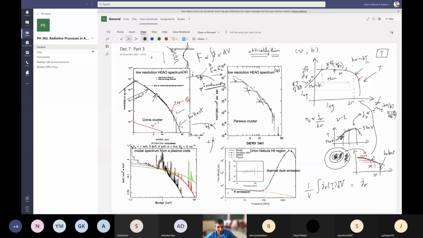I just wanted to highlight this point, because if these electrons are emitting coherently, then you should actually change your charge to n times q. It's as if you have n electrons emitting coherently, so your effective charge increases by n. So coherent emission can have extremely large amplitude, but it's very, very rare that you see coherent emission.